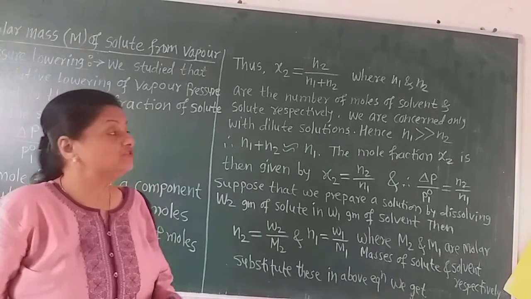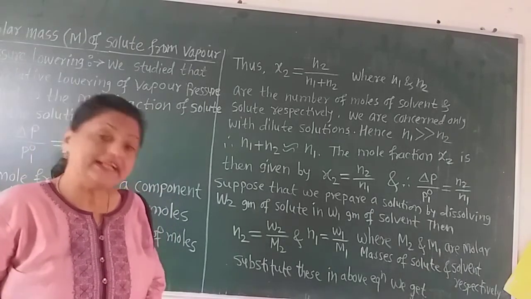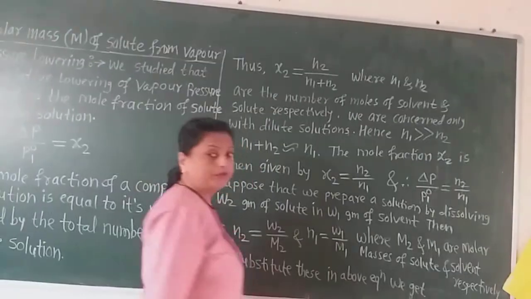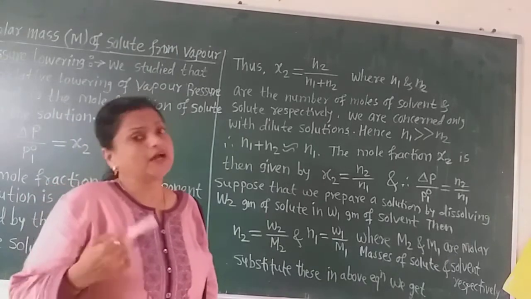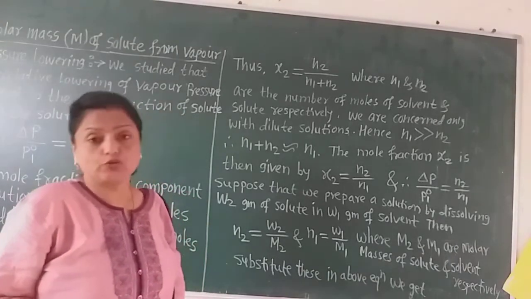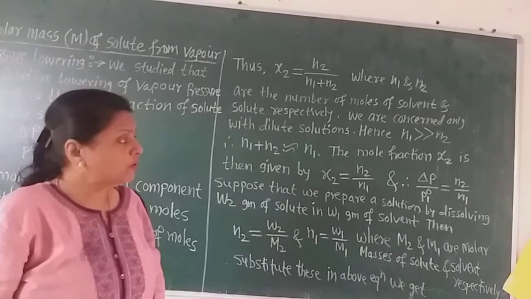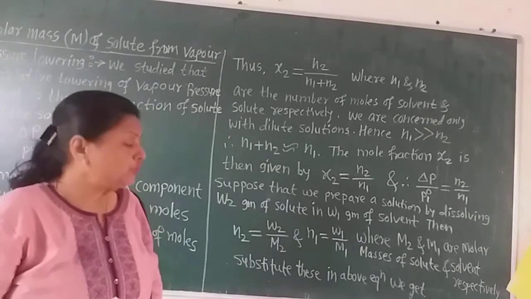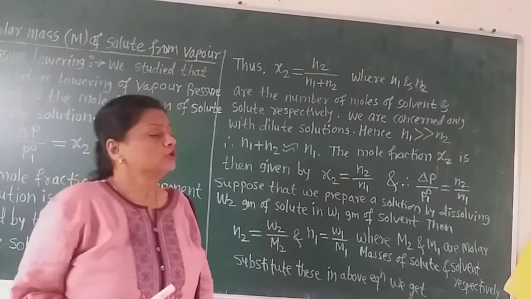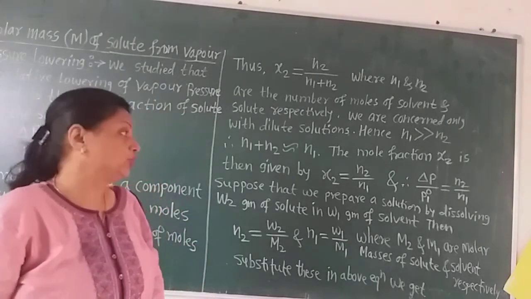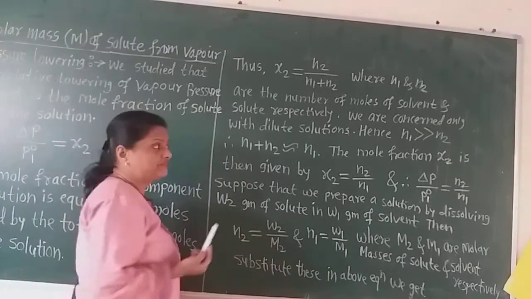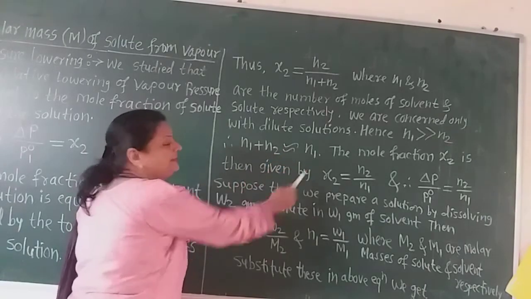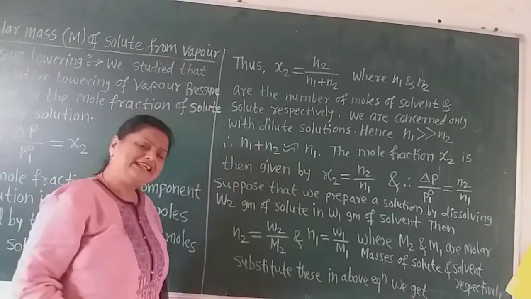So remember that as we are concerned only with very dilute solutions, N1 is much greater than N2, because the number of moles of solute is very small compared to the number of moles of the solvent. So as N1 is much greater than N2, therefore N1 plus N2 is nearly equal to N1, because N2 is very small and negligible.